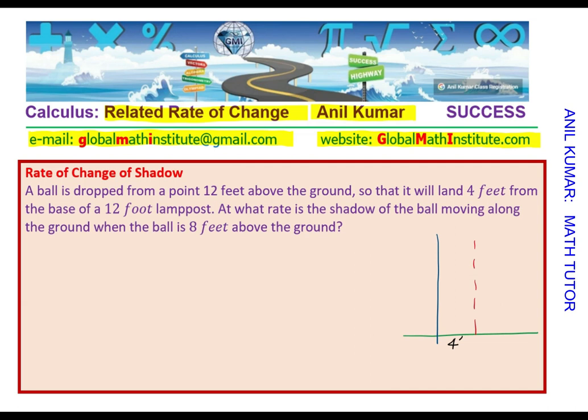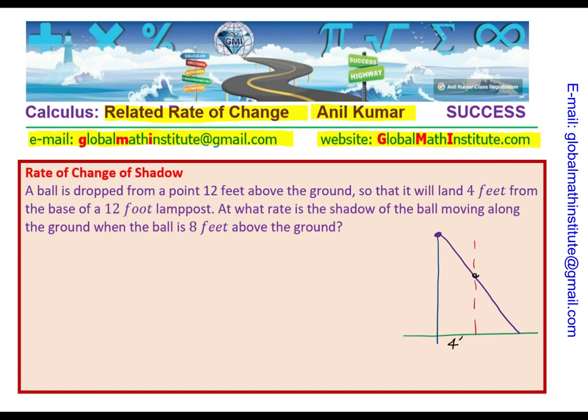Now, as the ball falls, there will be a shadow on the ground. Let us represent this shadow. Let's say this is the light on the top of the lamppost, and at any given instance of time, let me draw a better line here. The situation will be kind of like this.